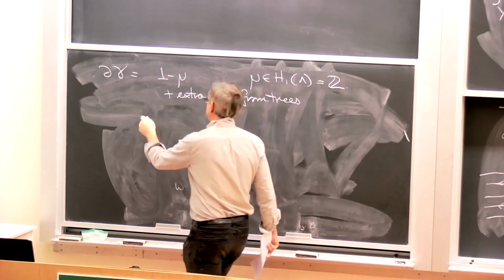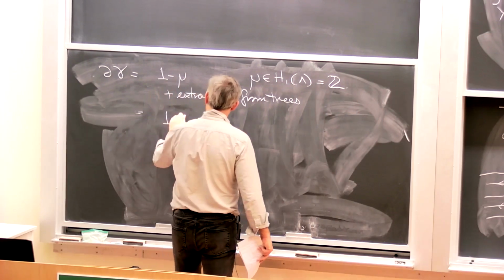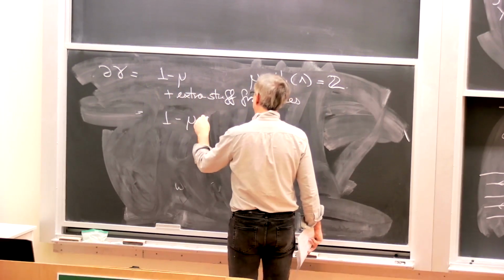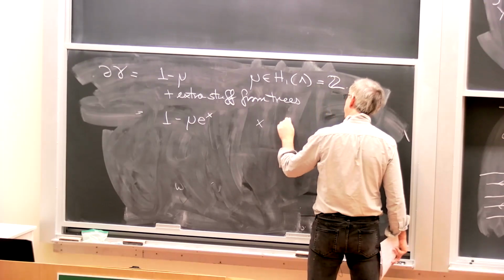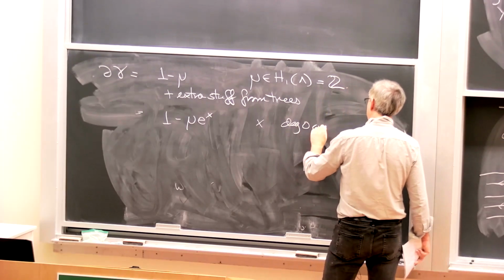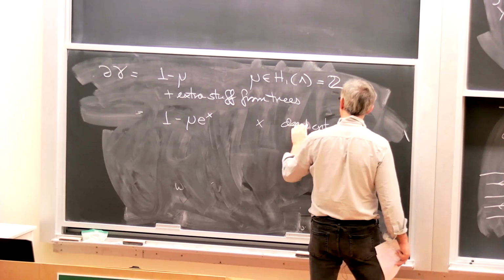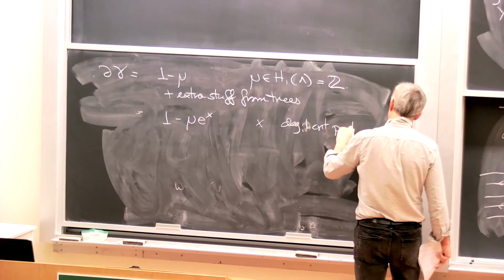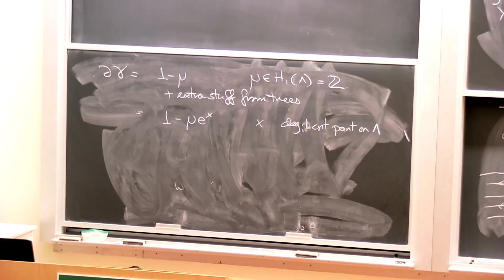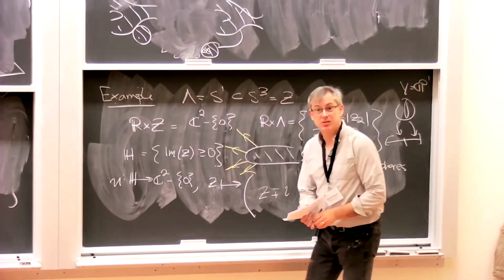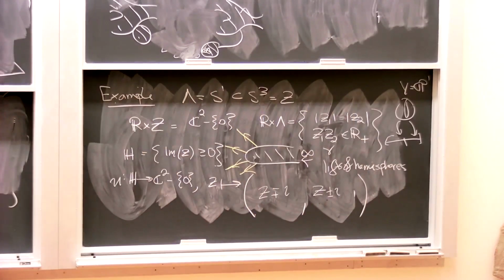If you include the extra stuff coming from trees, you get 1 minus mu e to the x, where x is the degree 1 critical point on lambda. So this tree stuff means you have additional contributions from spiky disks that look like that.